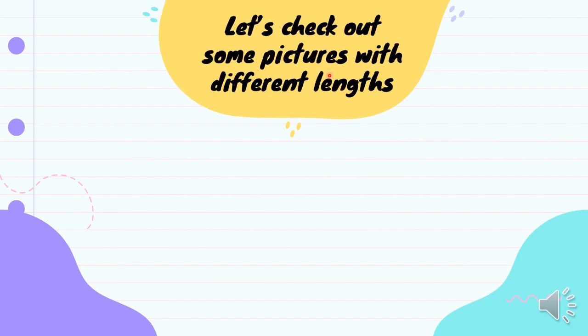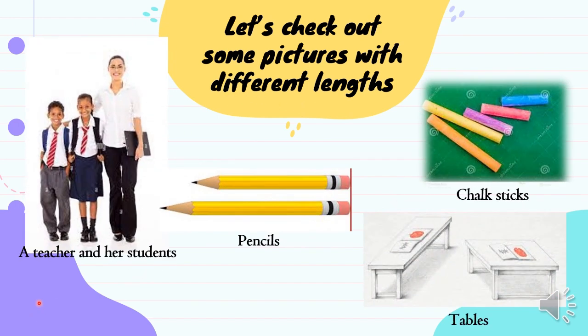Let's check out some pictures with different lengths. Wow. Look at a teacher and her students. Look at the length of the teacher and the length of her students. One student is quite taller than the other. A teacher and her students have different lengths. I see pencils.